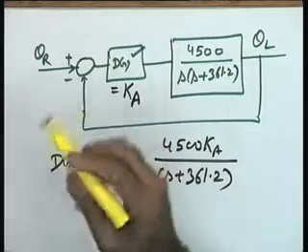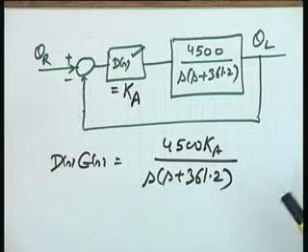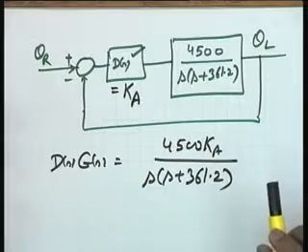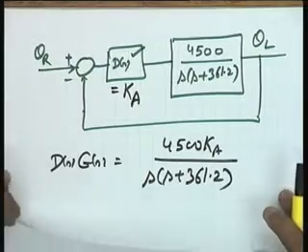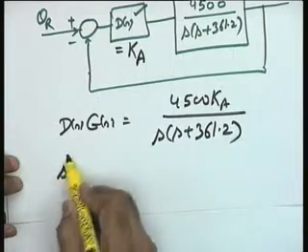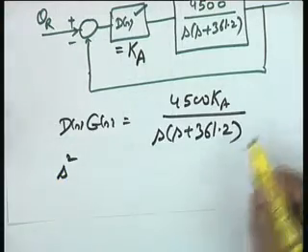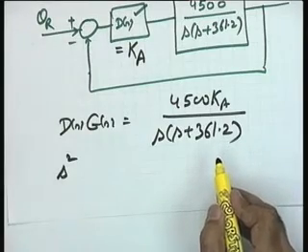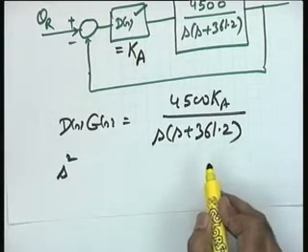If my performance requirements are not satisfied with only Ka, then I may go for a PD controller or a PI controller or even a PID controller. So, in this particular case, you find the characteristic equation, I want to determine the zeta and omega, and fortunately please note the characteristic equation for this system is coming out to be in the standard second order form.